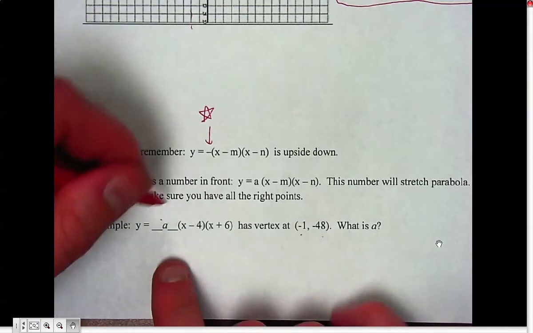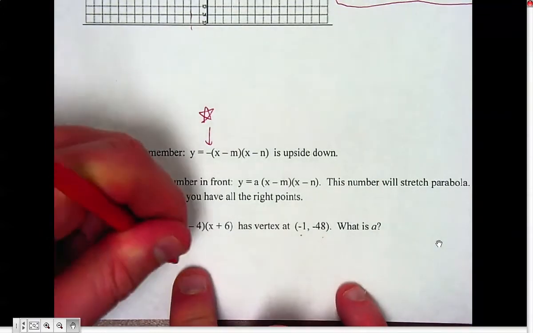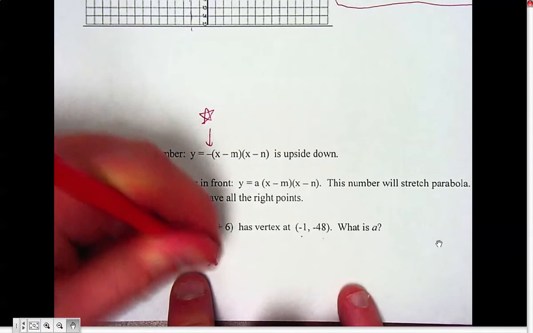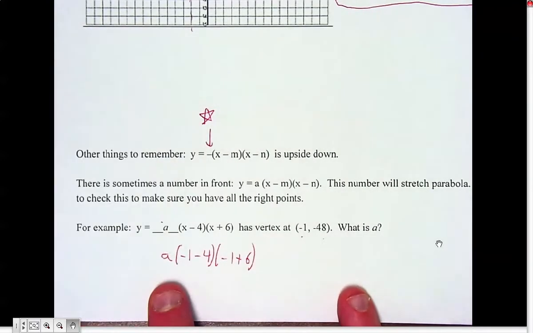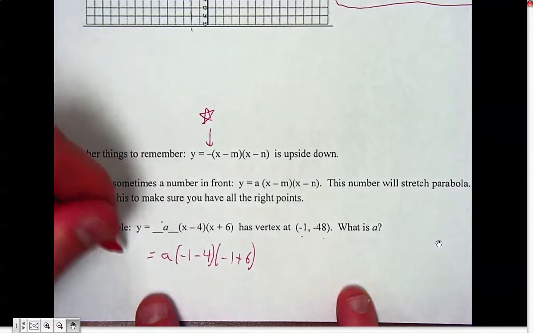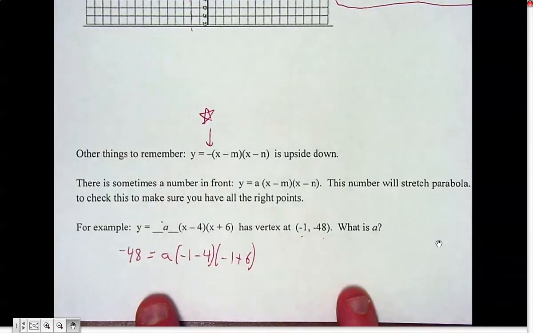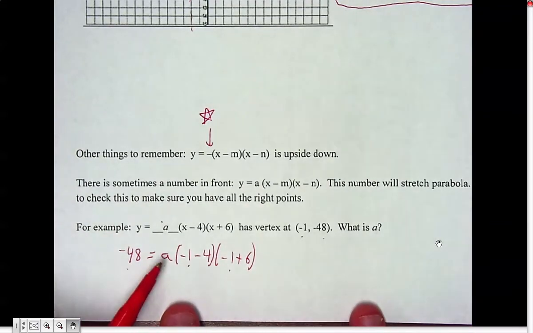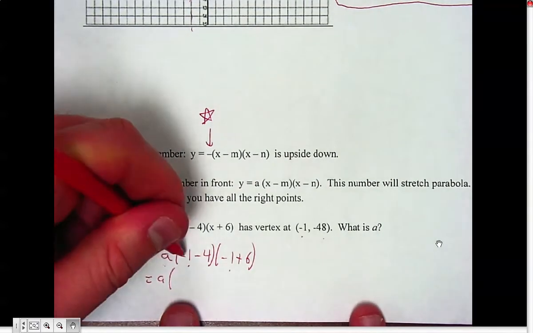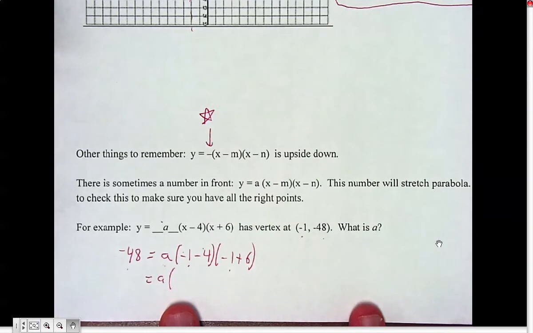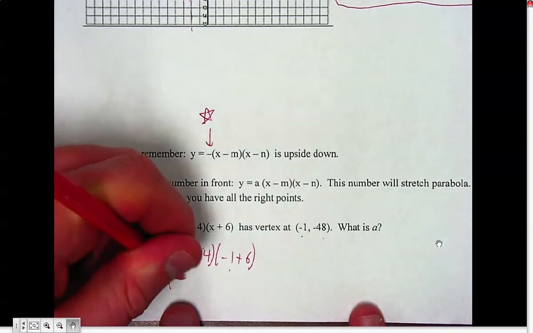That means if x is -1, so I'm replacing x with -1, I don't know what A is, so I'm just going to write A. I know that y has to be -48. So I replaced x with -1, y with -48, and I'm trying to figure out what A is. Let me clean things up here a little bit. -1 minus 4 is -5.